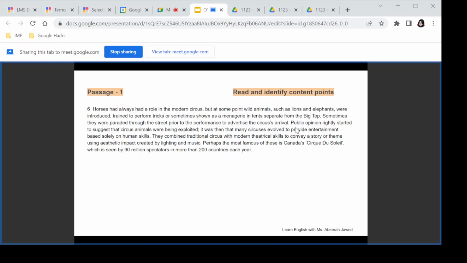But later, when public opinion rightly started to suggest that circus animals were being exploited, it was only then that many circuses evolved to provide entertainment based solely on human skills. Circuses were developed to provide entertainment completely based on human abilities. And then you can include the point of aesthetic impact created by lighting and music combined, to give a complete theme and convey a complete story.